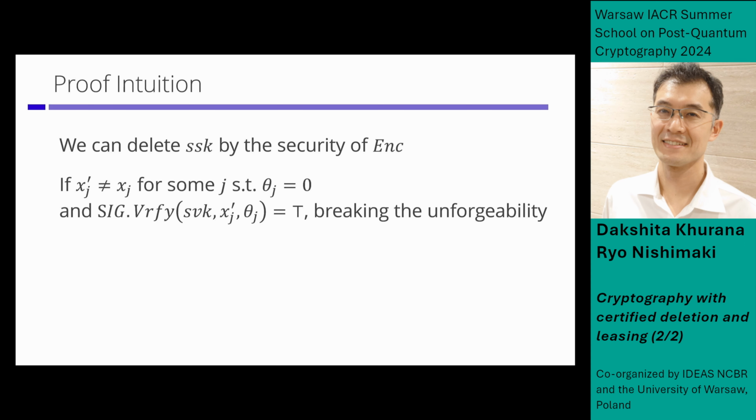And if for some j such that the basis choice is equal to 0, meaning computational basis, x′_j is not equal to x_j and the signature is valid, then it breaks the unforgeability of the signature scheme, right? Because the adversary gets a signature for a different message if the adversary achieves this.